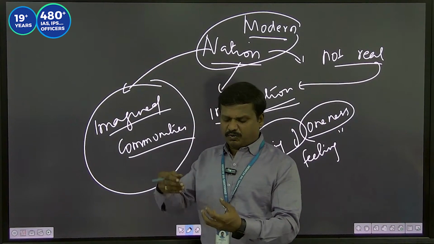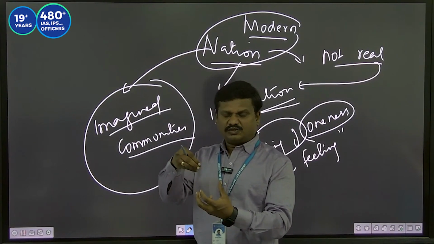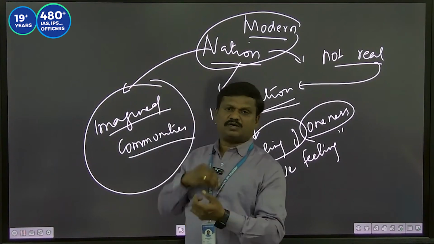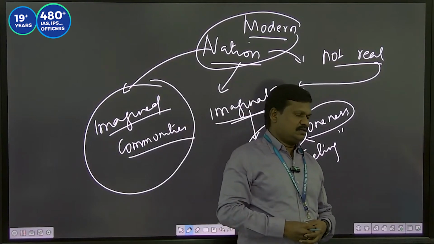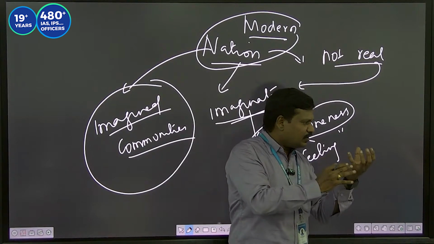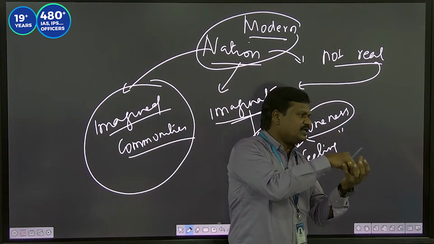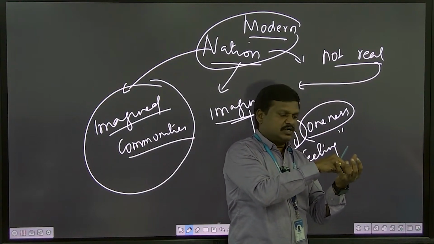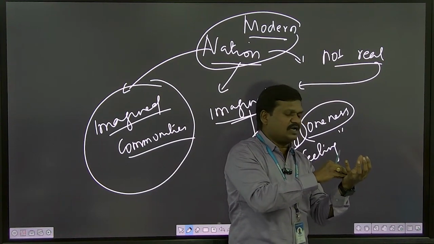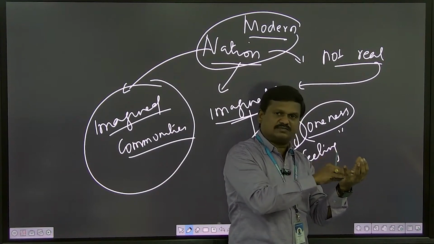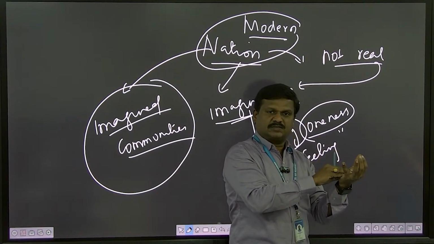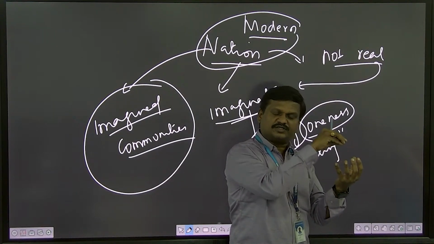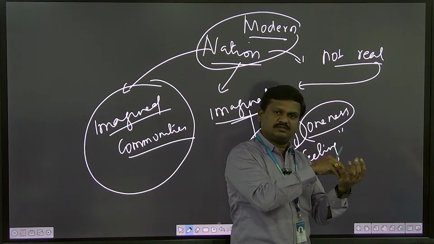If you put the water, the shape of the water is based on the container in which you are putting the water. So what container you are using? You are using a container called religion, and this is what is called as Hindu nationalism. You are using a container called as language, and therefore it is called as Tamil nationalism. You are using religion, and that is called as Khalistan nation in Punjab earlier.